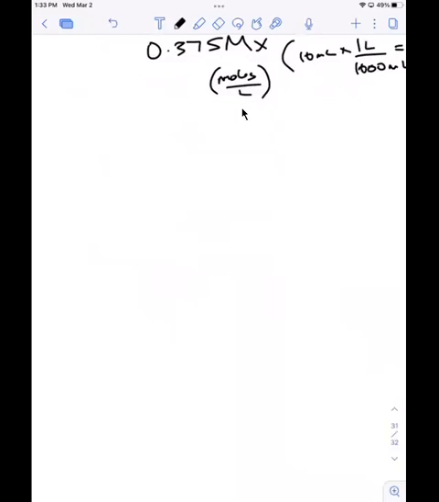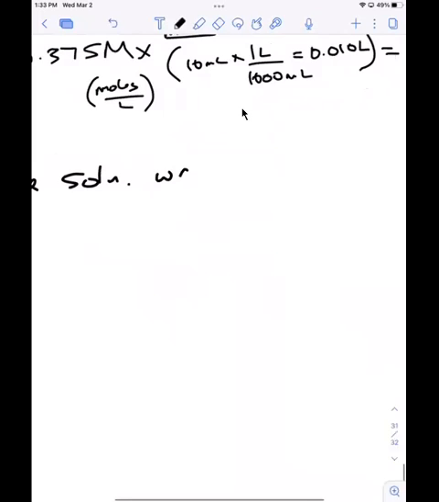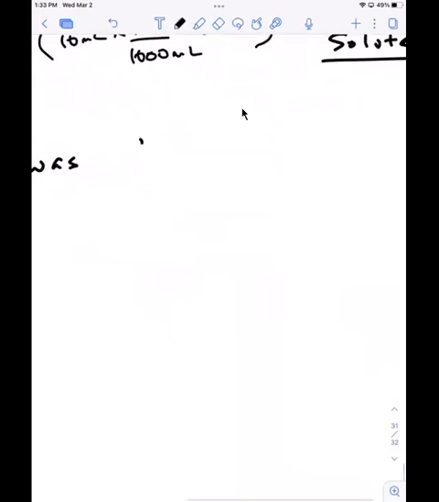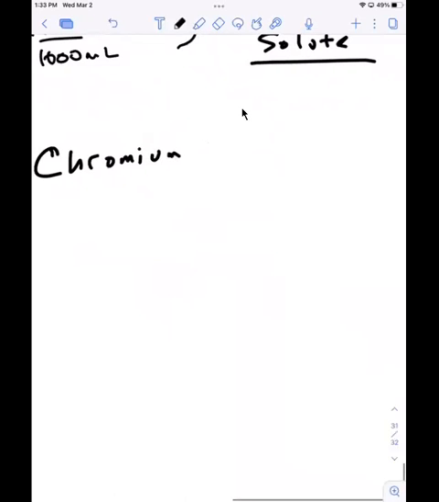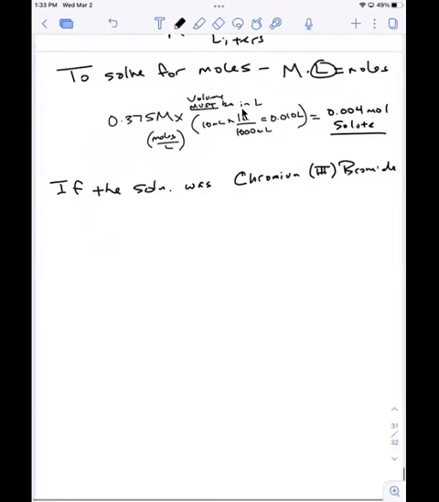What if the solution was chromium-3 bromide?